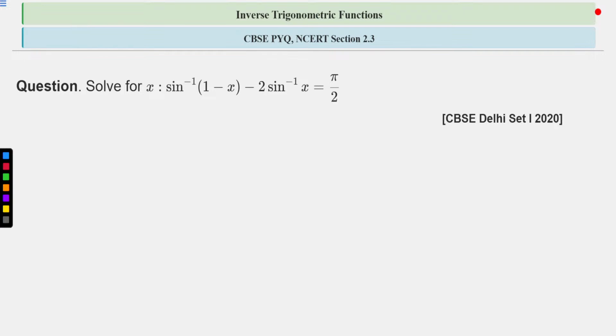So how can we find the value of x in this question? I am giving you 10 seconds to solve or think about this question. After that, we will move to the solution part, right?